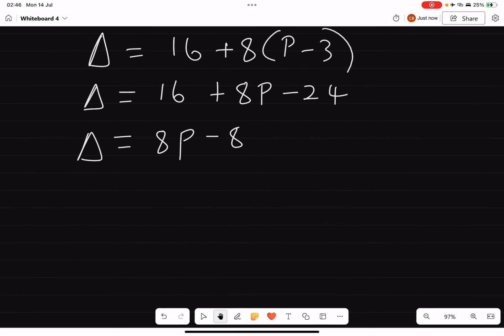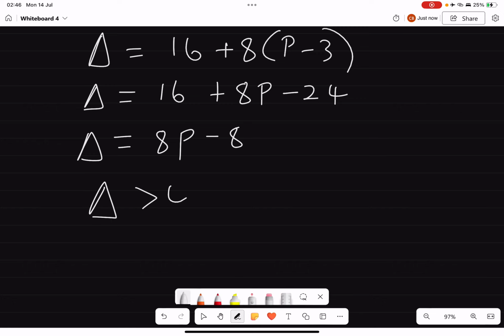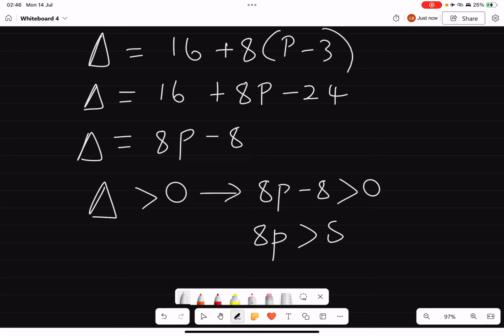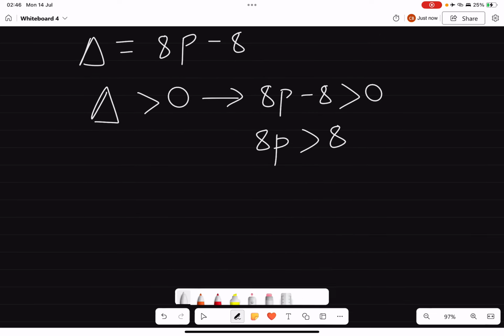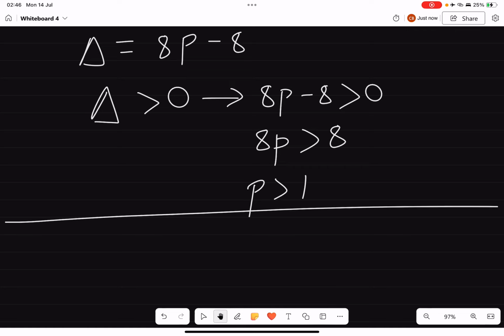But remember, we initially said the discriminant must be bigger than 0. So this leads to 8p minus 8 being bigger than 0. Then 8p will be greater than 8. We transpose the minus 8 to the other side. Dividing both sides by 8, we get p is bigger than 1. And that is our answer for the first question.